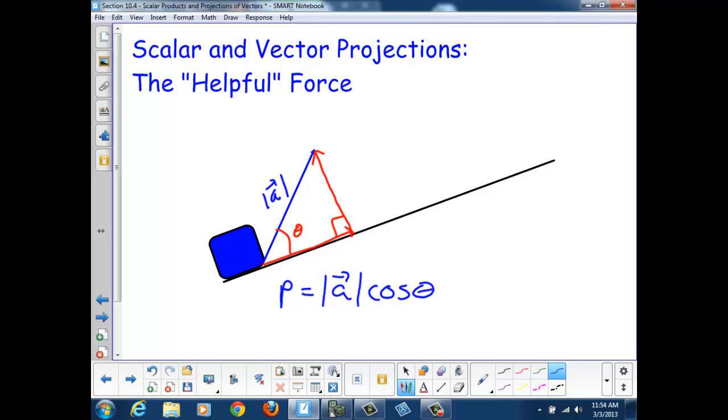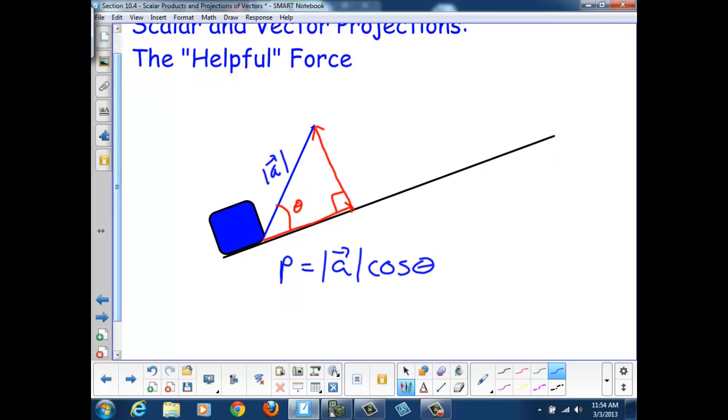To point this length in the right direction, though, we need to know the original direction of the ramp. So let's call that vector, the ramp vector, B. If we take B and reduce it to a unit vector, then we have a direction vector in the appropriate direction for our force or our projection.